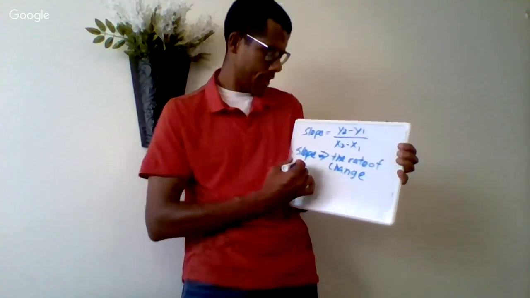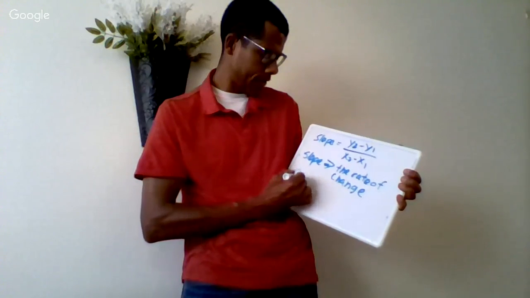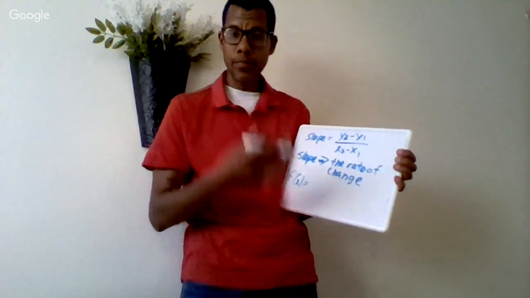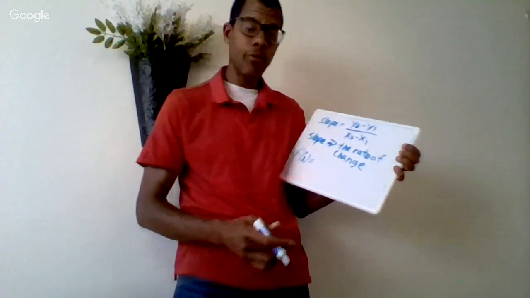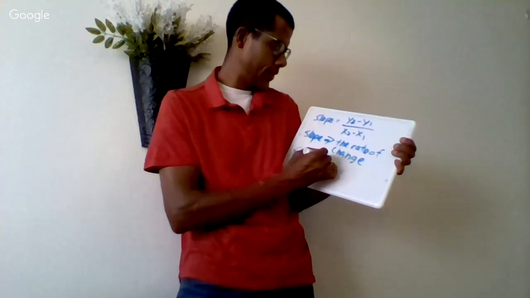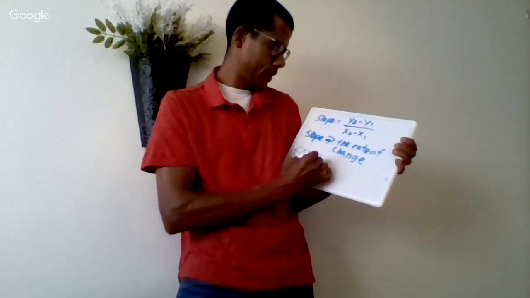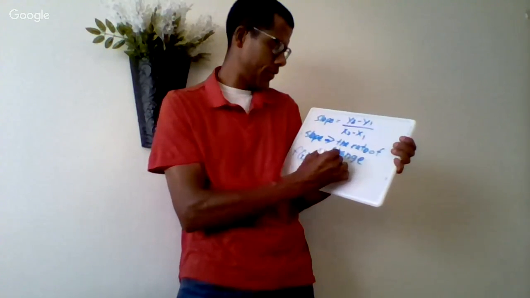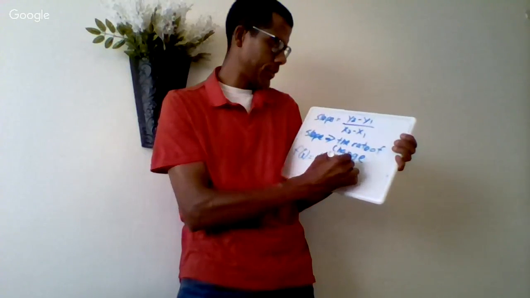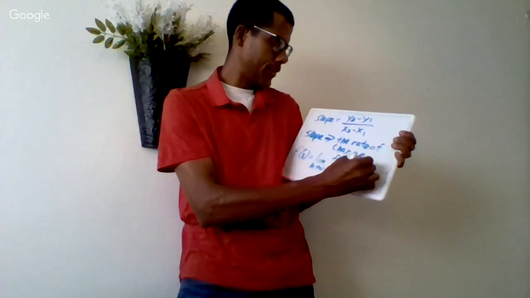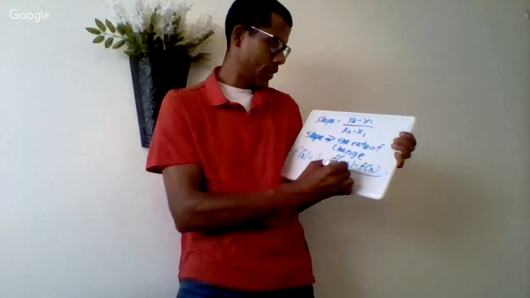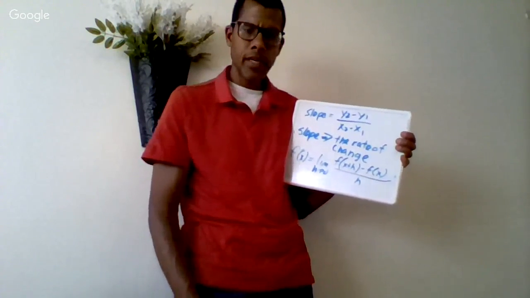And then f prime of x, the slope of a tangent line at any point, where you want to find the instantaneous change, is going to be the limit as h approaches 0 of f of x plus h minus f of x, all over h.